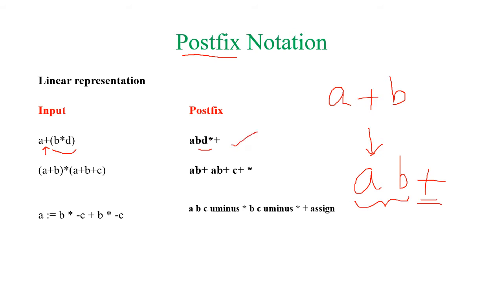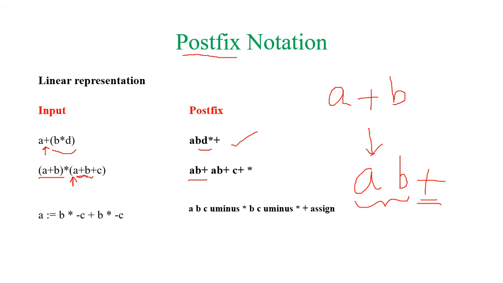Now another example is A plus B star A plus B plus C. So first we have to consider the expression in the parenthesis. So this one first. A plus B is converted into A B plus. Now again another parenthesis here, and we are converting A plus B plus C. Here plus and plus have the same priority, so we have to go left associative.